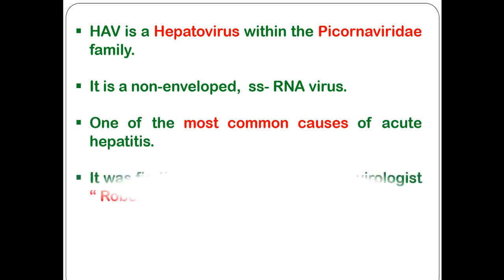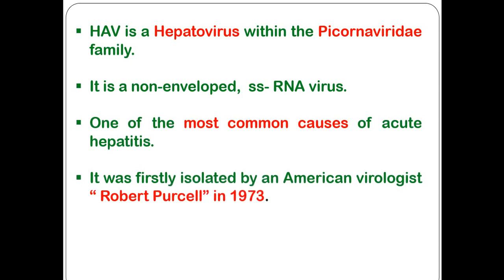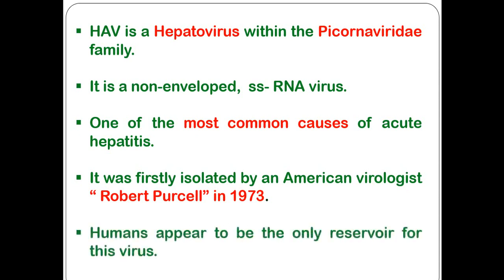It was first isolated by an American virologist, Dr. Robert Purcell, in 1973.